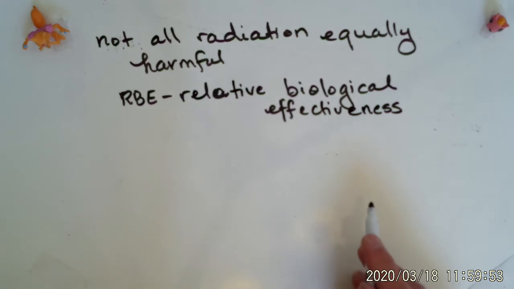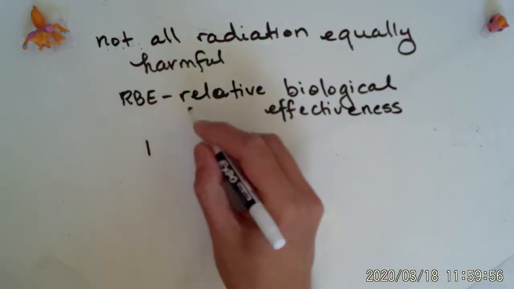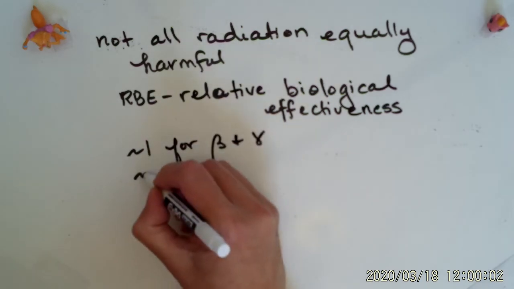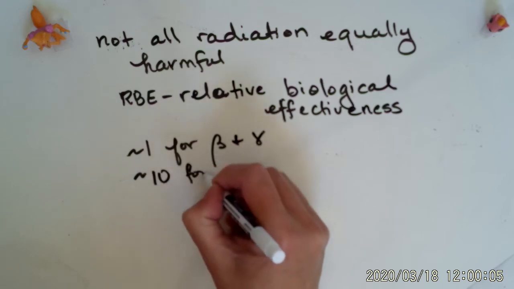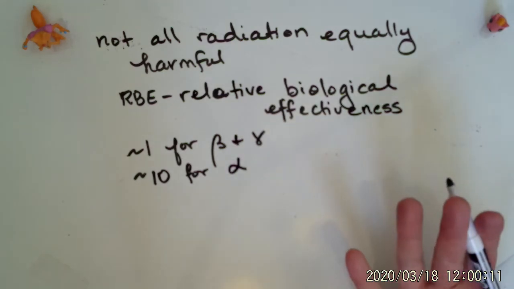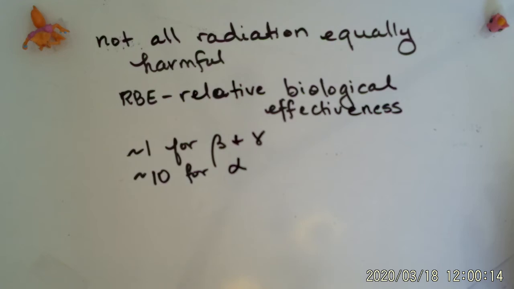It's approximately 1 for beta and gamma, and approximately 10 for alpha. Why is it so large for alpha, considering that alpha particles get stopped at the skin? Because don't forget, if you actually absorbed, like you consumed, alpha particles, because they are so heavy, being a helium nucleus, they can do much more damage than beta or gamma. And that's why the RBE is so large.